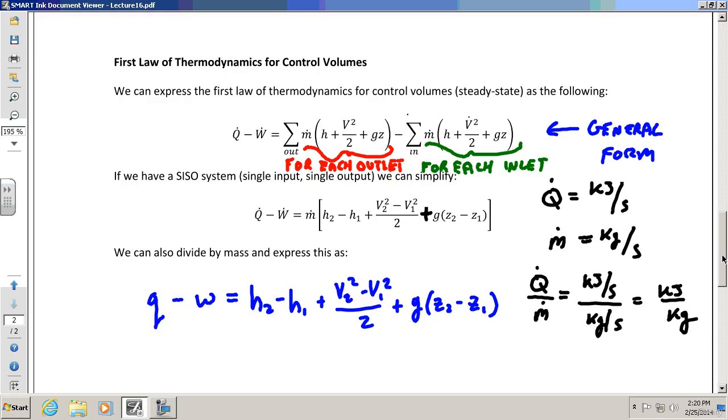Hopefully you can take the general form and then figure out what form you need in your particular case. Sometimes you might need the bottom form, sometimes the top form, sometimes the middle one. It depends on the information given in the problem, how you want to reform the same equation.